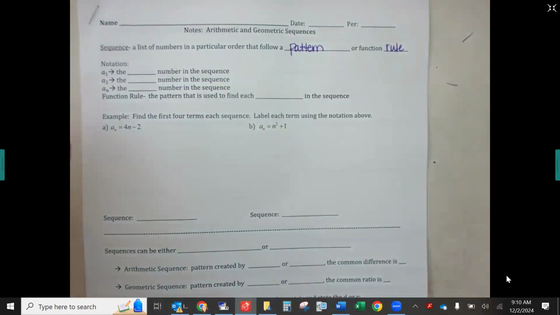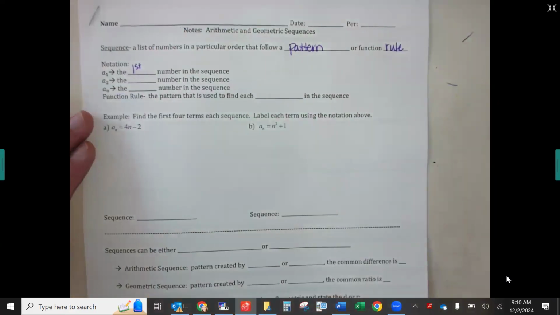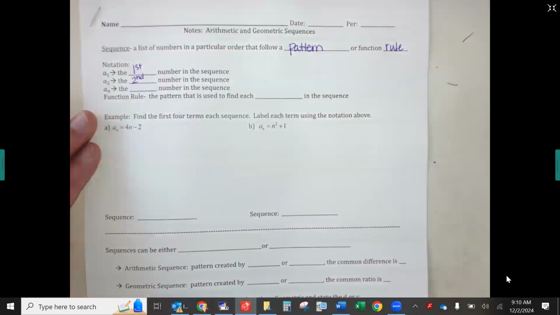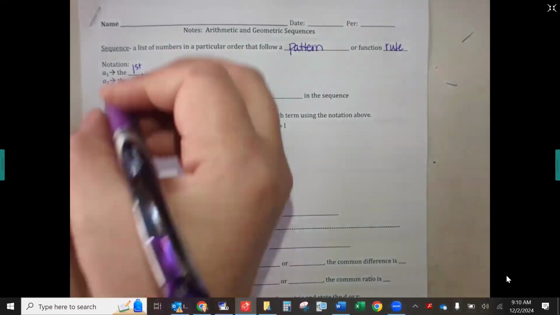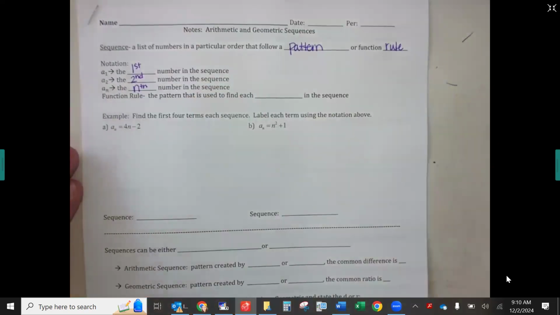A1 is going to stand for the first number in the sequence. A2 would be the second number in the sequence, A3 would be the third, A4 would be the fourth, and so on. So AN would be the nth number in the sequence.